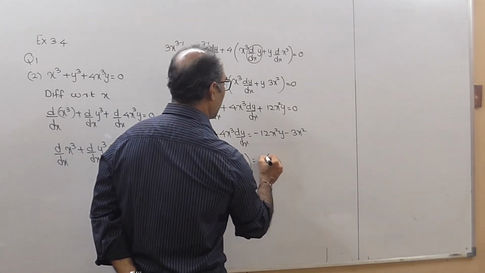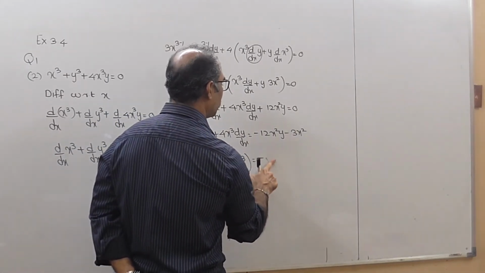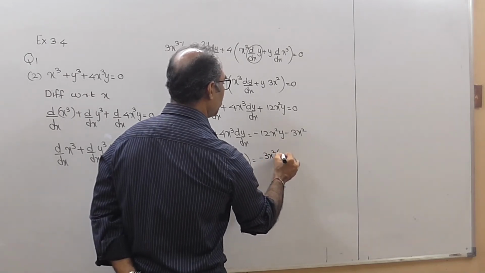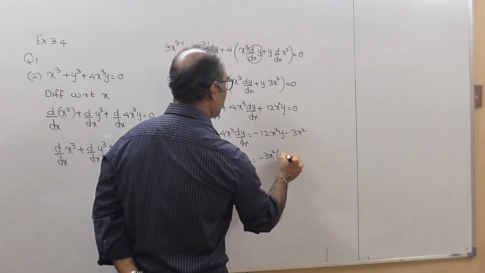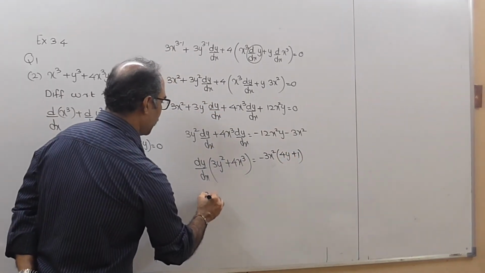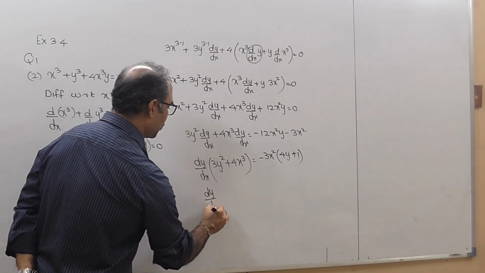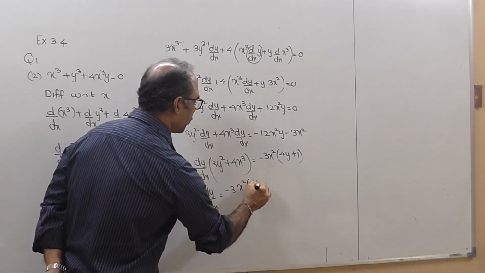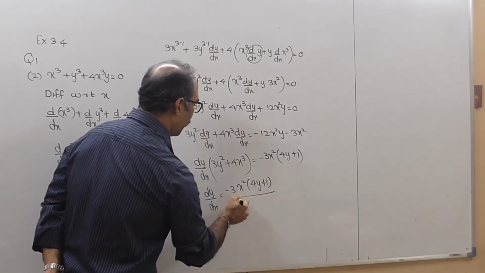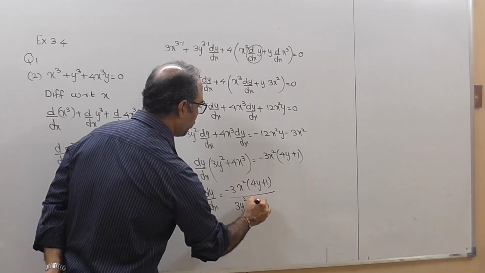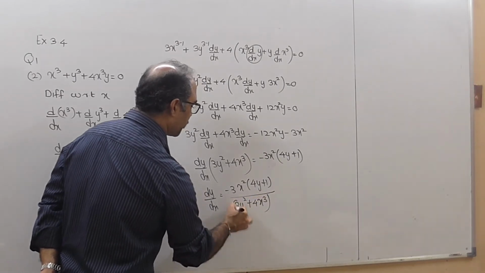You can take minus 3x square common. So I think you should get 4y plus 1, and your dy by dx will be equal to minus 3x square 4y plus 1 upon 3y square plus 4x cube.